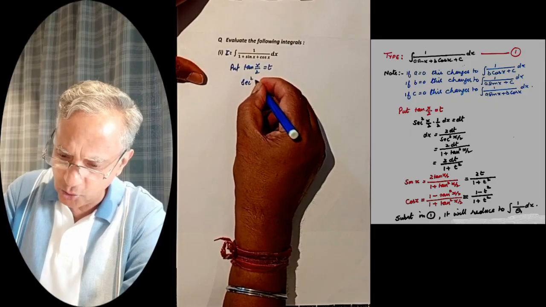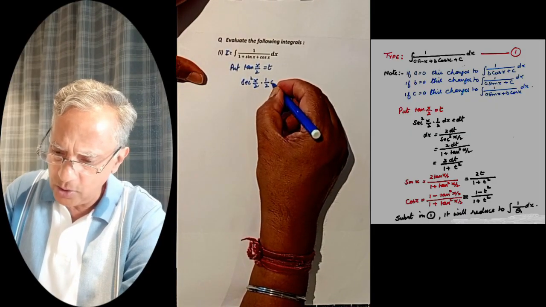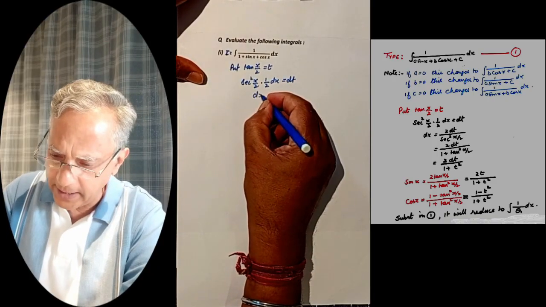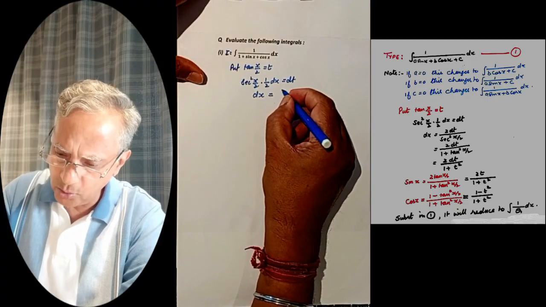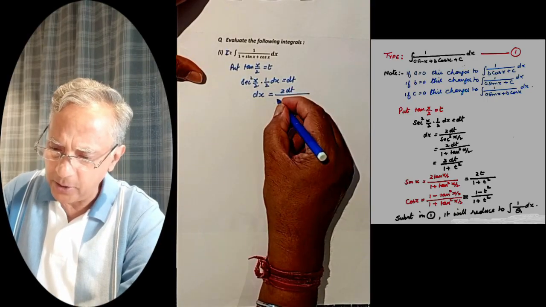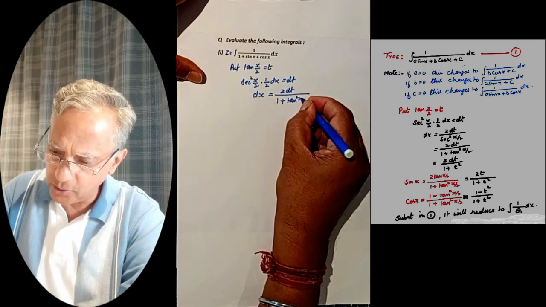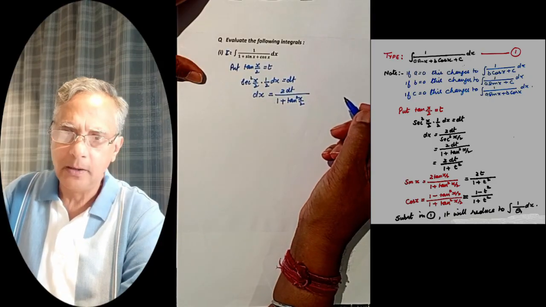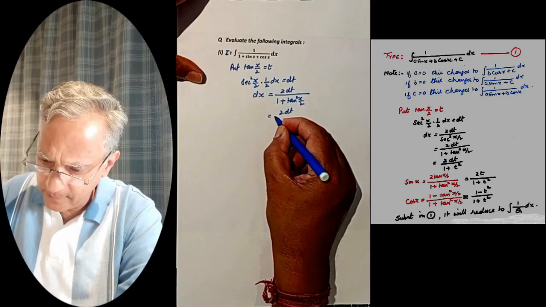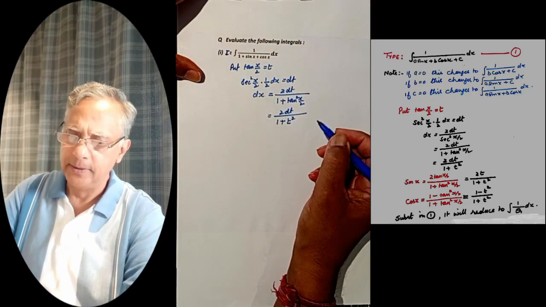Differentiation of this is secant square x by 2 into differentiation of inner function is 1 by 2, dx is equal to dt. And therefore we can write dx is equal to 2 dt over secant square x by 2. And secant square x by 2 can be written as 1 plus tan square x by 2. And this is equal to 2 dt over 1 plus t square.